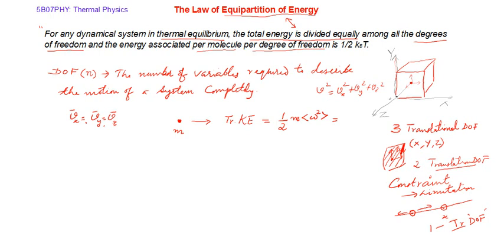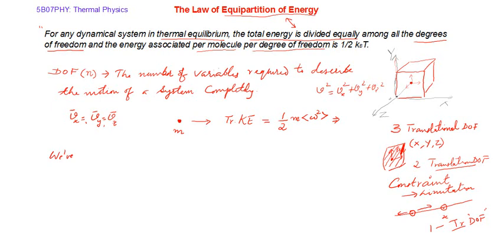Okay, hope you remember we had already derived the translational kinetic energy of a monoatomic gas molecule. What is that? We have half m omega square, which we already derived in the previous kinetic theory pressure derivation.